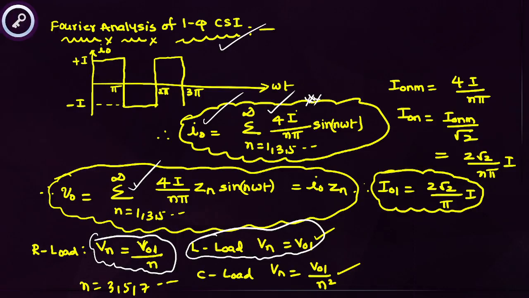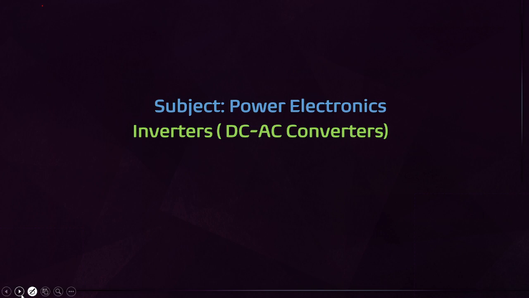That is, in a current source inverter with purely inductive loads, the harmonic voltage is independent of the order of harmonic. For a capacitive load, in the voltage source inverter, the nth order harmonic current equals the fundamental. But here, the nth order harmonic voltage equals the fundamental voltage by n square. Those are the points you have to concentrate on.